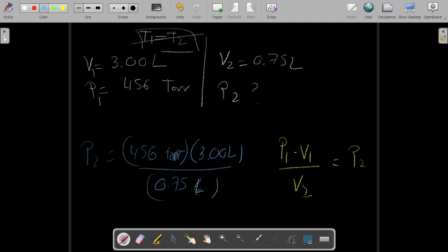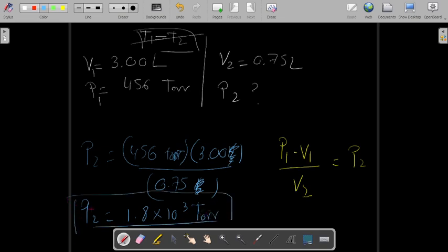Once again, the liters disappear. I put all my numbers in the calculator and that shoots out, let's see, 1.8 times 10 to the 3 torr. And this is pressure 2.